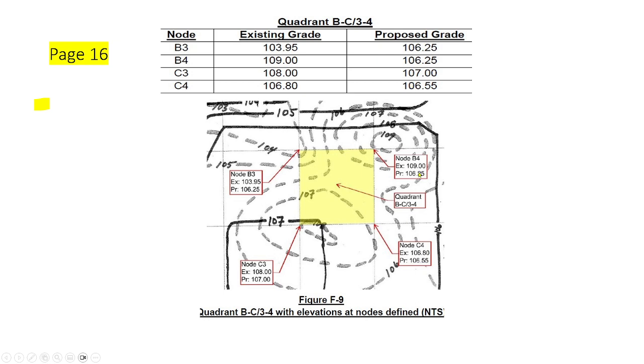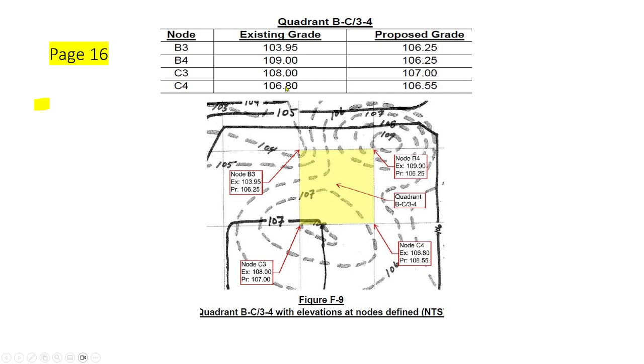So in the table above, averaging the existing grades of nodes B3, B4, C3, and C4. That's the existing grades. That's right here. B3 existing 103.95, B4 existing 109, C3 108, 106.